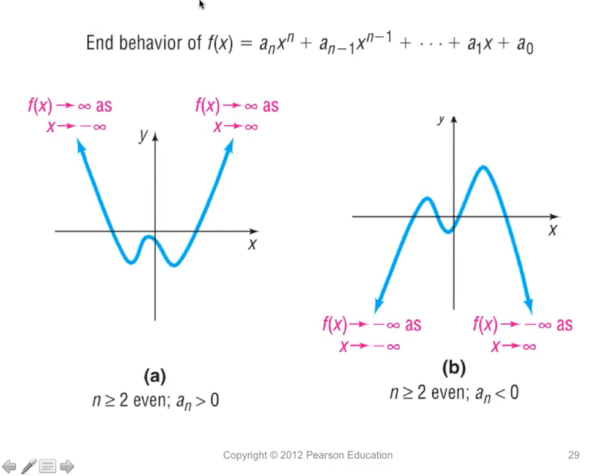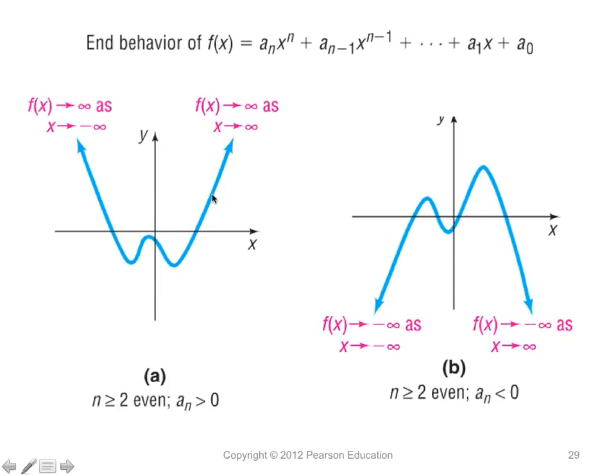So if we look at this right here, we have a couple of different end behaviors that we can go through, okay? So if you have a power function where n is greater than or equal to 2 and even, then you know that your graph is going to go up on the left and up on the right.